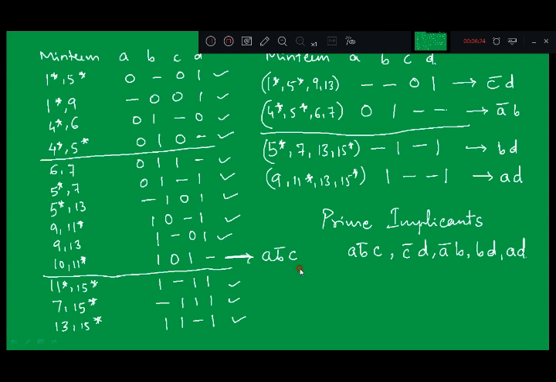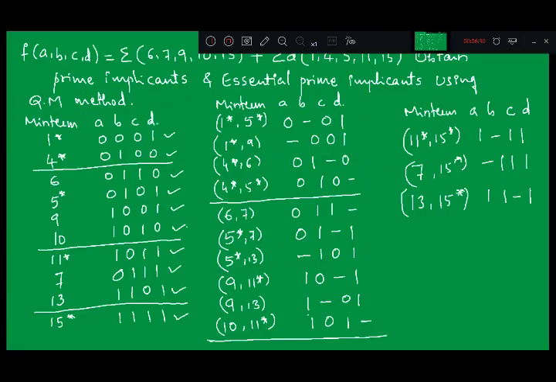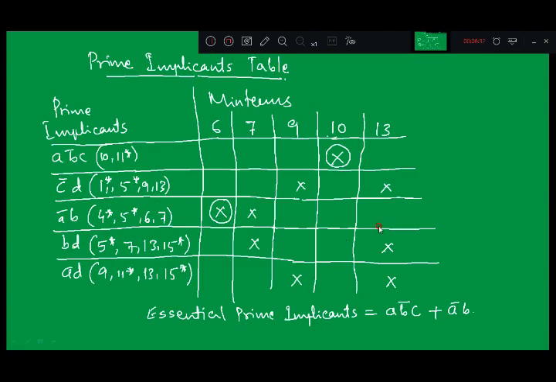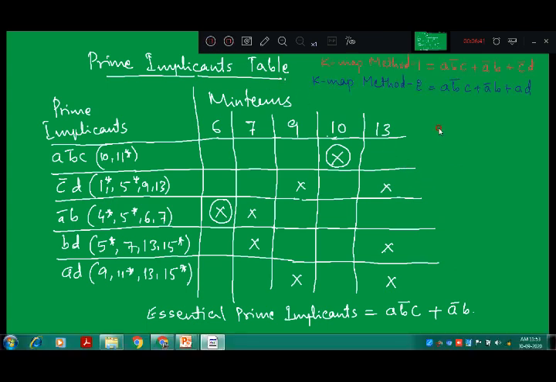Now in this I want the prime implicant table. Where is that prime implicant table? Yes, here it is. First I'll write down the expressions you got from K-map. In this slide you see I wrote the expressions I got from both methods of K-map.